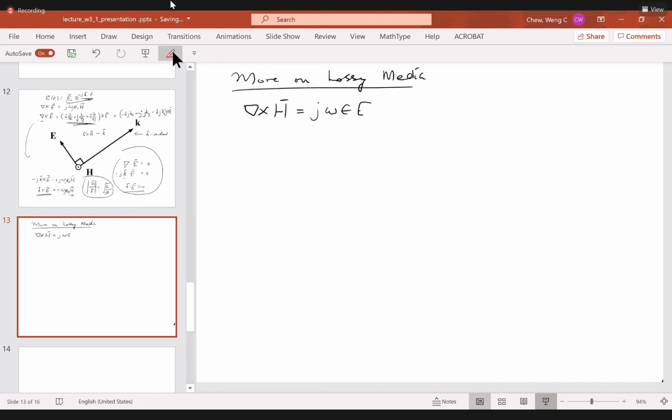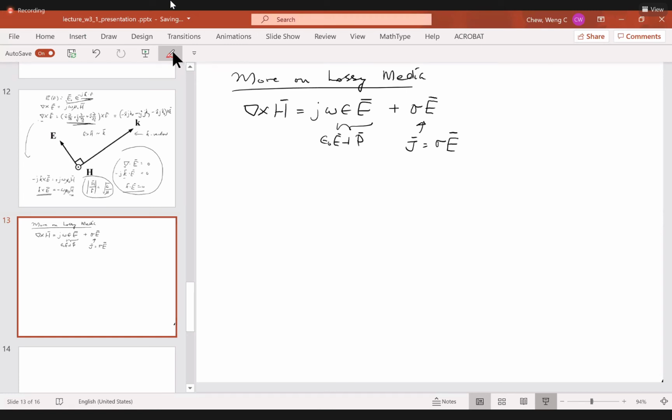In Ampere's law, we have this thing, and this can include both epsilon naught E plus P. We can say that they can always be written in just one aggregate term, but if we have a lossy medium, there is a J in Ampere's law, and if the J is coming from conduction current, we can write that as such.